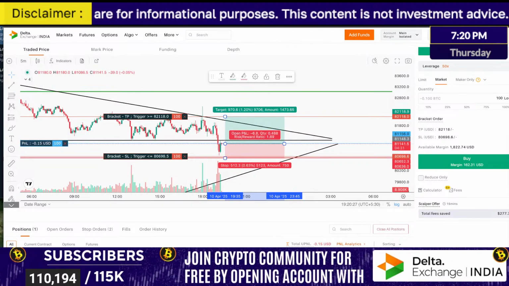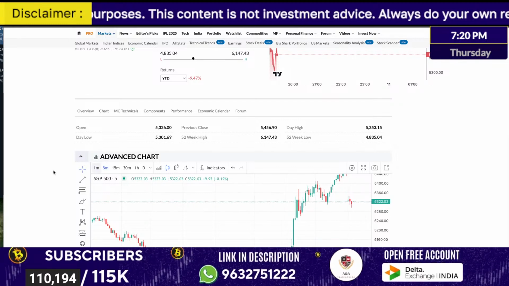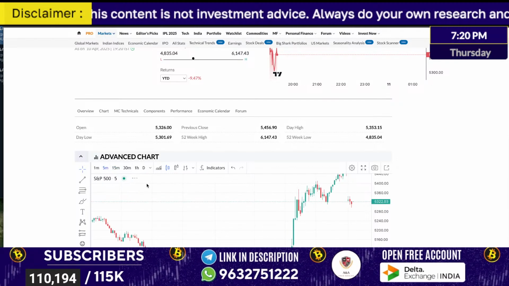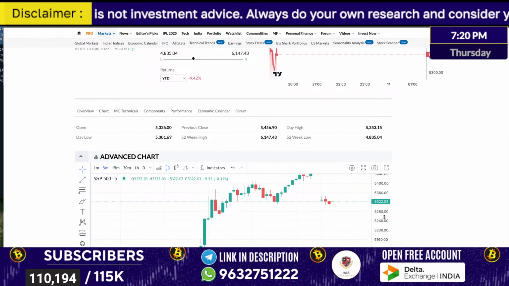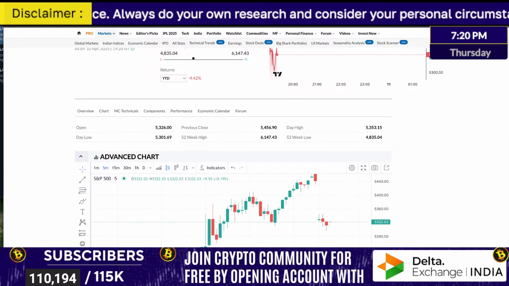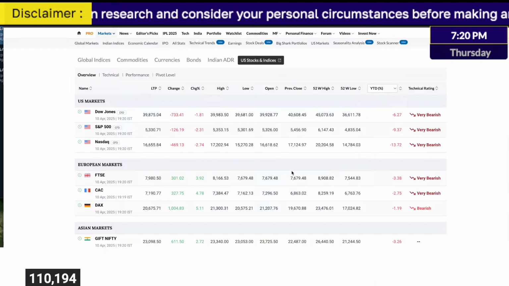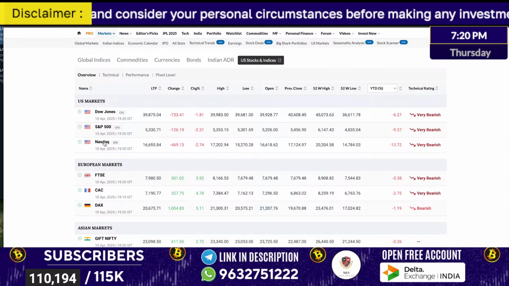Hopefully, S&P 500. It has given a breakdown. It has attracted people, and if S&P 500 doesn't go below this low and starts showing some bullishness, it will create some confidence for the other indexes also.